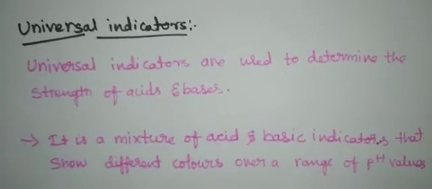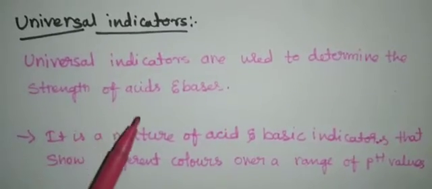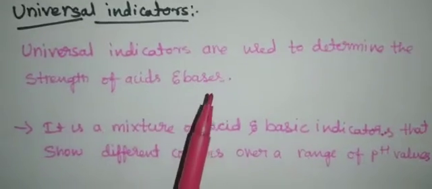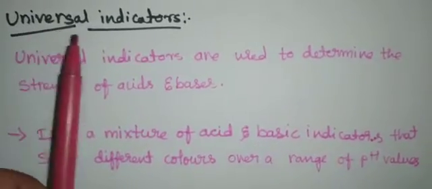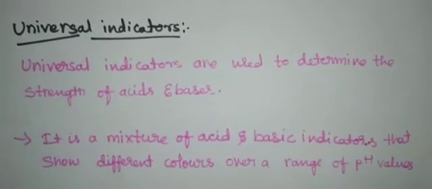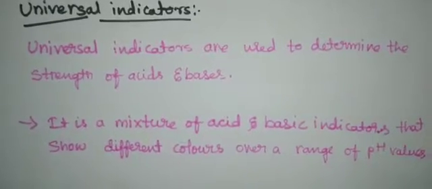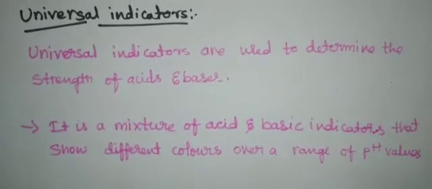You know concentrated and dilute acid, right? So how can we determine whether the solution is more acidic or less acidic, or more basic or less basic? By using universal indicators, we can determine it. If there are two acidic solutions, a universal indicator helps us identify which one is more acidic.